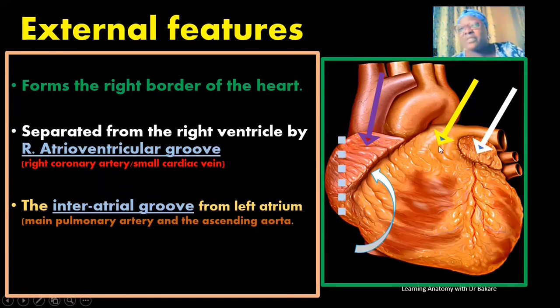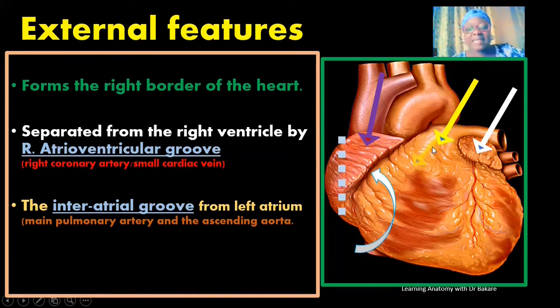From the right ventricle is where deoxygenated blood is pushed into the pulmonary artery to supply the lungs where it will be oxygenated. So between the two atria, we have this groove, and within this groove we have the passage of the pulmonary artery. So the interatrial groove allows for the passage of the pulmonary artery that is going to supply deoxygenated blood to the lungs.